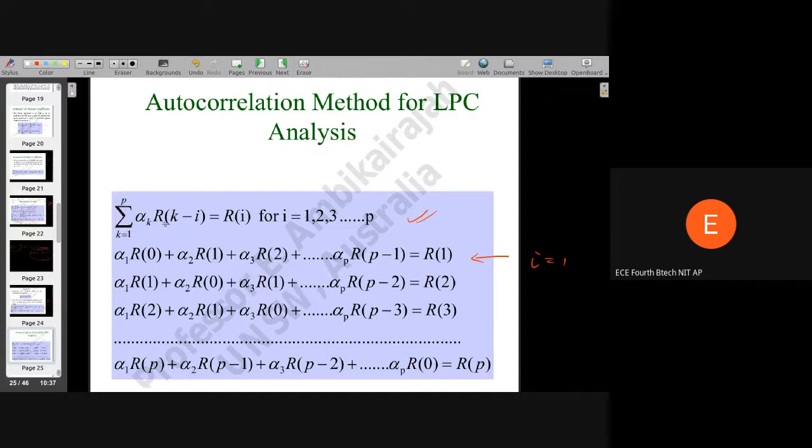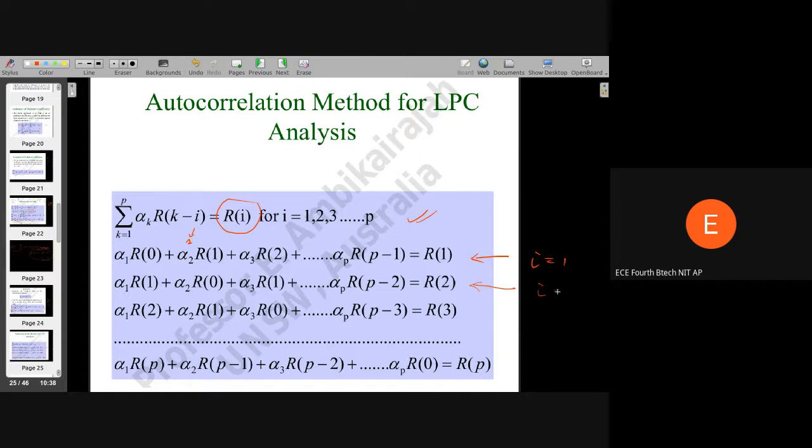So when k becomes 1, alpha 1 R0, plus k equal to 2 means alpha 2 R1, alpha 3 R2. Like this it will go. Finally, you get k equal to P, alpha P R P minus 1. And what do you get here? R1, because i equal to 1.